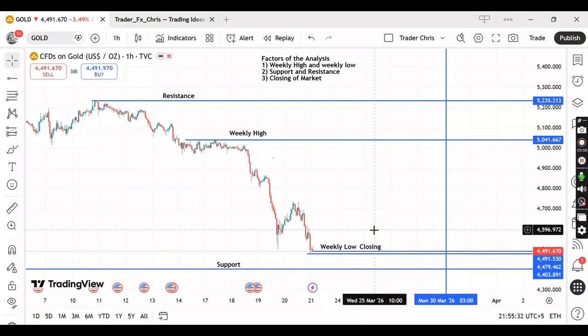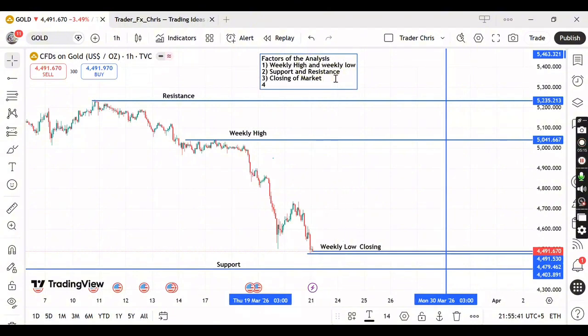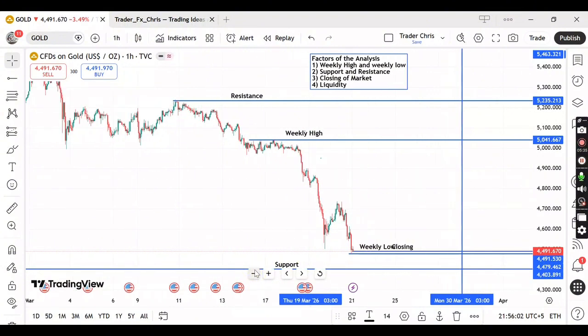And now we will see what the liquidity is and where the liquidity is. Liquidity has an important role in the fundamental analysis, and it gives us very good setups in the market. Without liquidity we can't predict the market's next path. So I am expecting a few things which help us to find the area for liquidity.